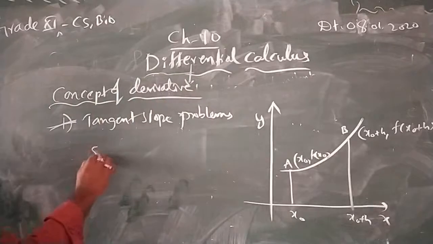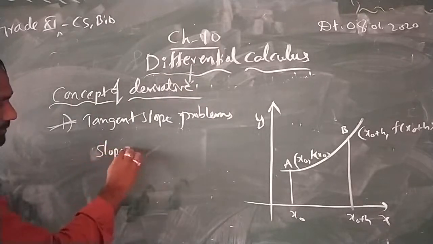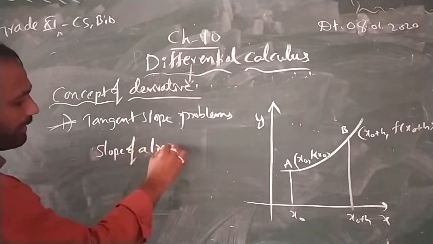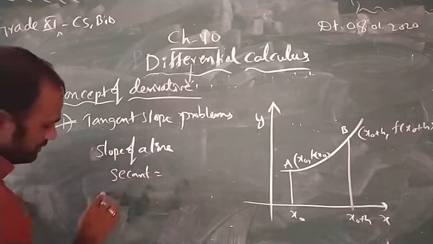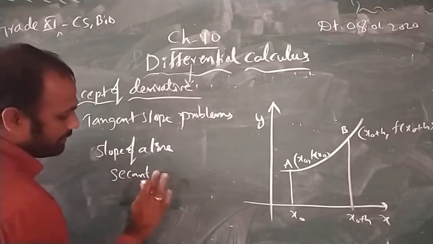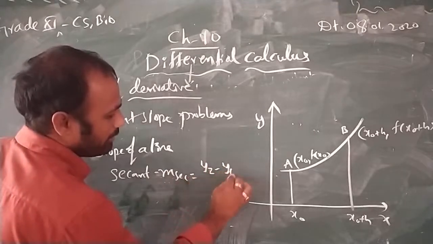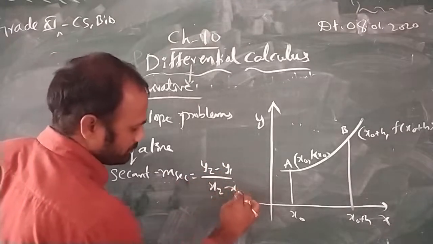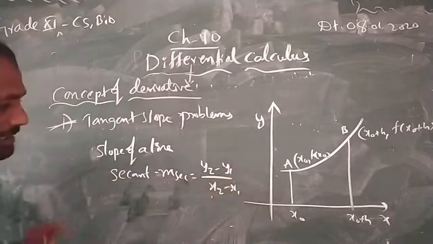We have learned that the slope of a line, the secant, has the formula m secant equals y2 minus y1 divided by x2 minus x1. That is the difference of the y coordinates divided by the difference of the x coordinates.